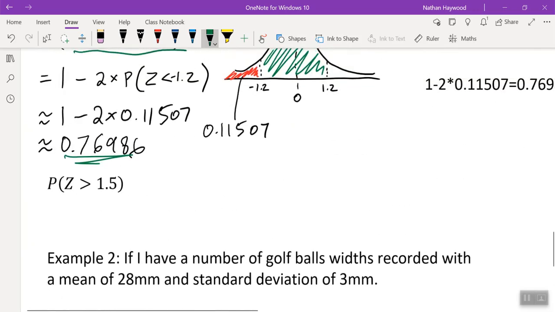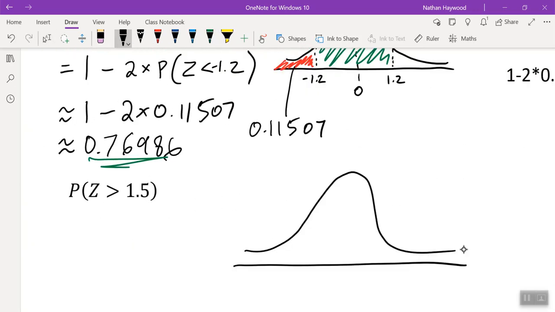All right, next one. What does that look like graphically? Greater than 1.5. Yep, everything in this area under the curve here. So how do we do that? The clue is in what I said before: it is symmetrical around the mean.